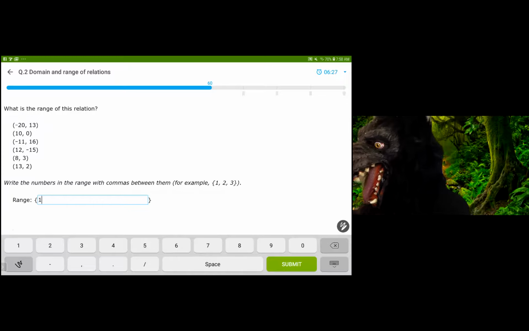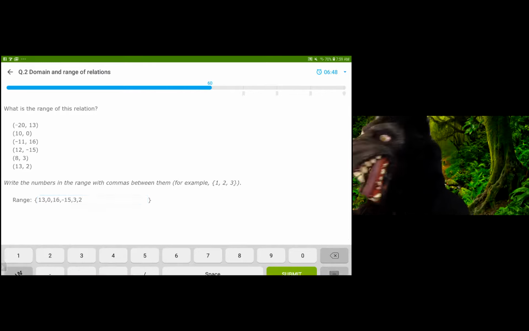We got a 13 and a 0 and a 16 and a negative 15 and a 3 and a 2. And I'm just going to check it. 13, 0, 16, negative 15, 3, 2. Looks good.